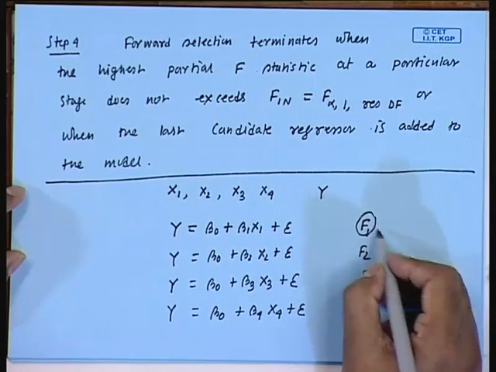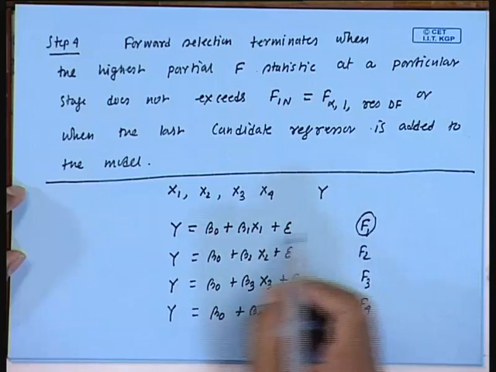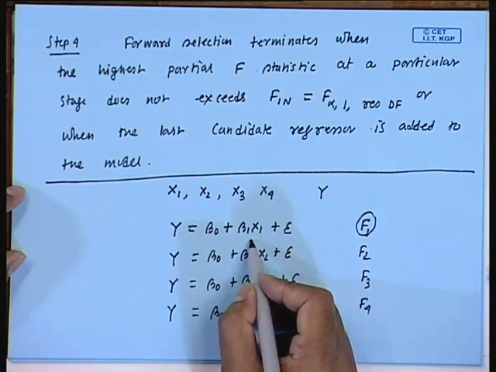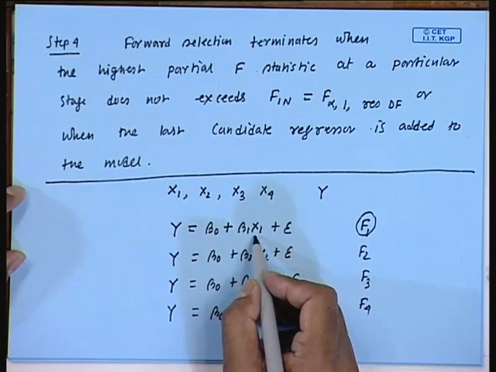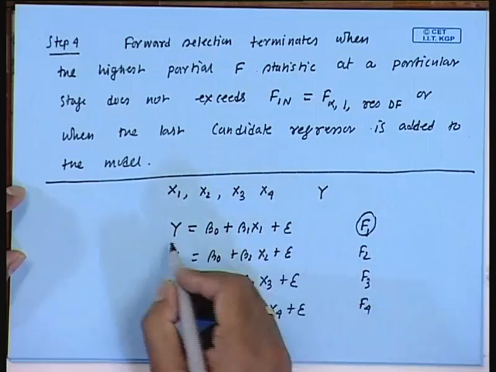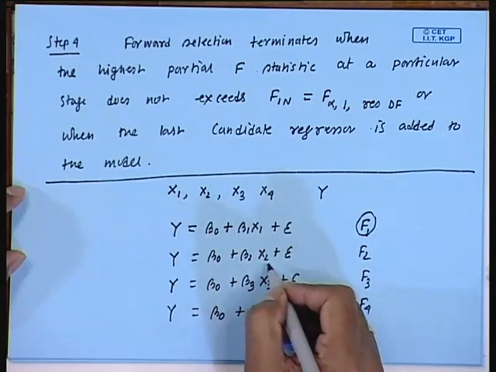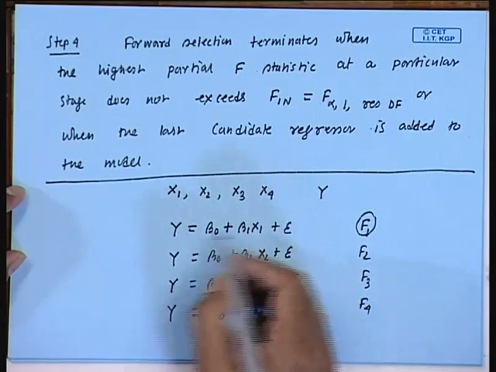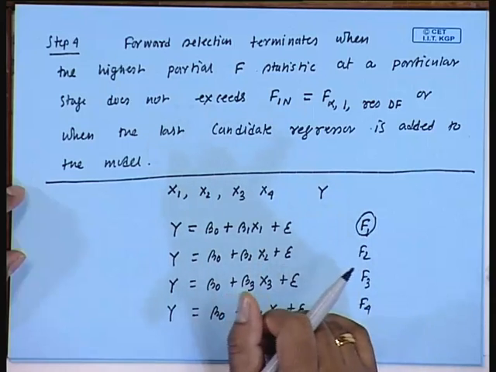So, F1 is highest means the associated regressor X1 is significant to explain the variability. It is the most significant among the 4 regressors to explain the variability in Y.